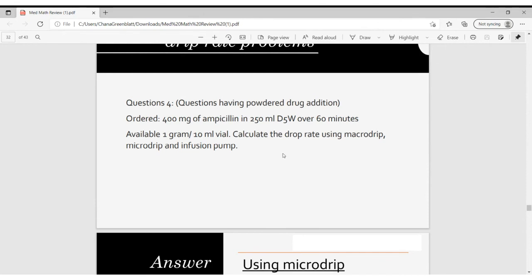Alrighty, so the way we would approach this is we would see, well, I have ordered 400 milligrams of ampicillin. What I have is for every gram, I have a 10 ml vial. So I need to first calculate my drug ratio.